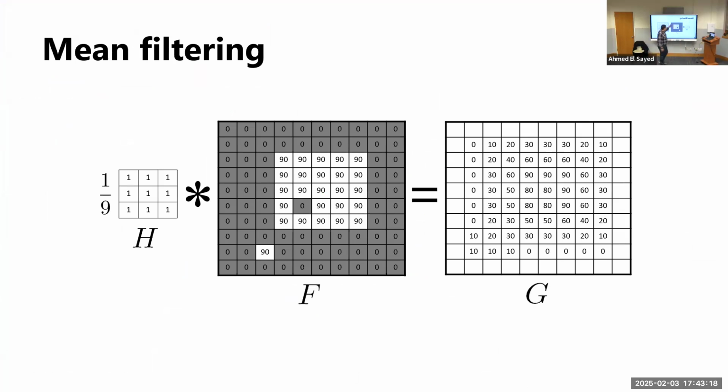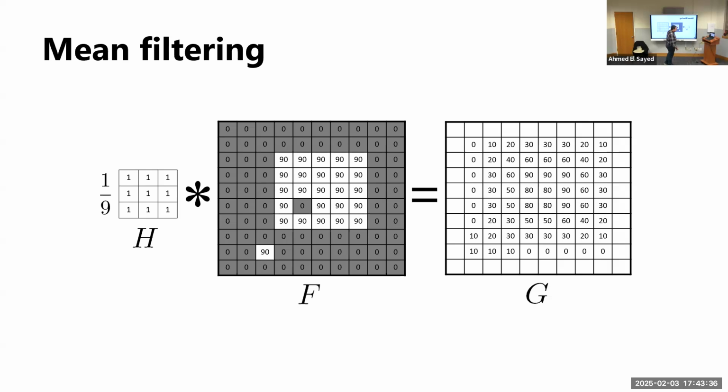We have an image of size 10 by 10, and we have a filter of size 3 by 3, with all elements 1/9, and this should be the expected output.